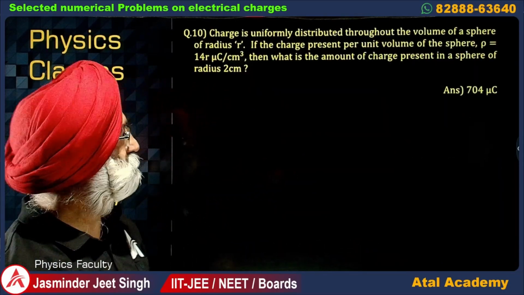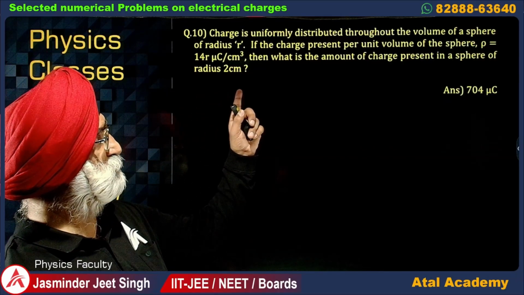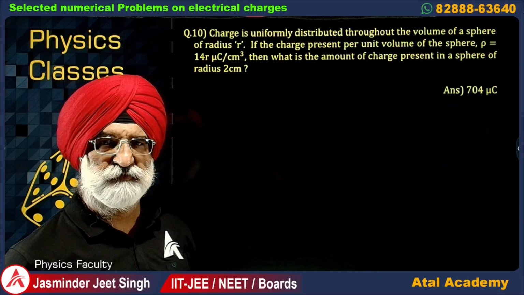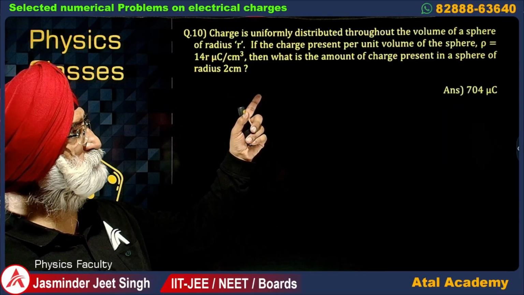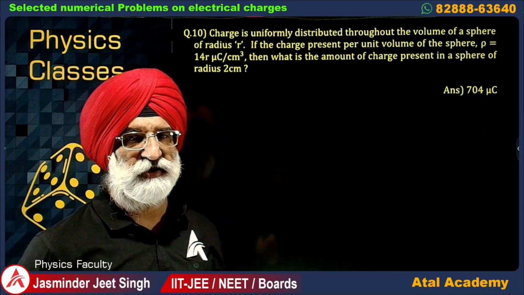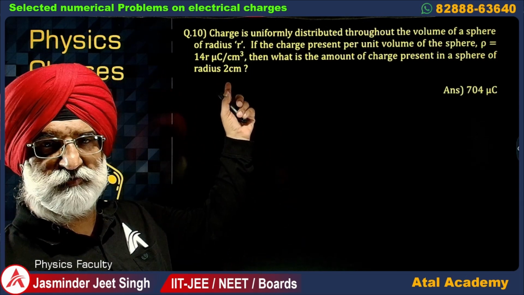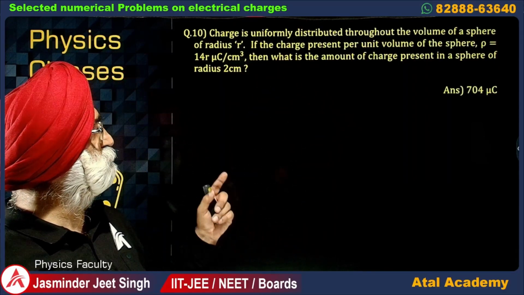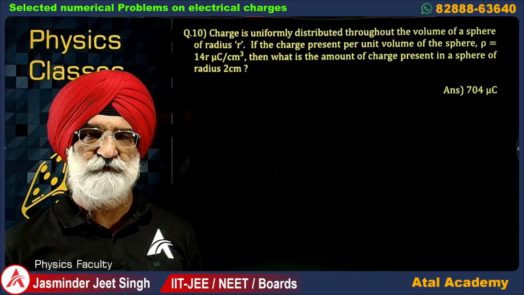Numerical number 10. Charge is uniformly distributed throughout the volume of a sphere of radius r. If the charge present per unit volume of the sphere, rho, is 14 r microcoulomb per centimeter cube, then what is the amount of charge present in a sphere of radius 2 centimeters?